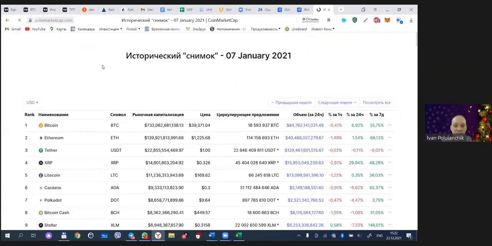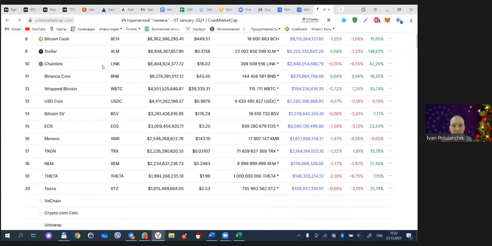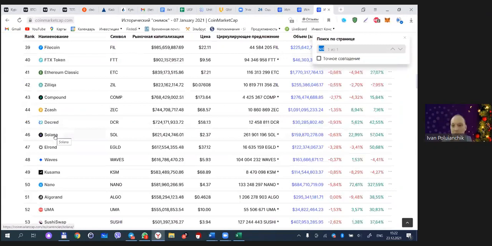You see how quickly the market of cryptocurrencies changes. In 2 days, the token goes down from 112th to 125th, and then it goes all the way up to 46, and then within a year it is in the top 10 coins.